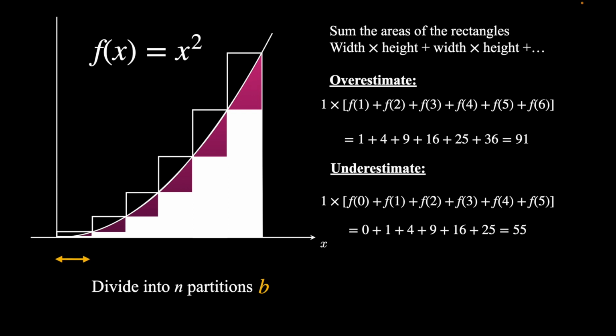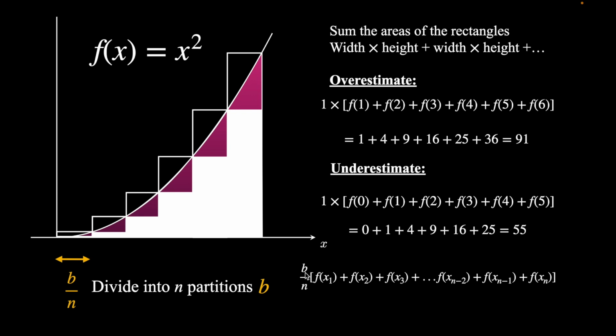If the total width of the area is B, and we divide it by n, then each width of each rectangle will be B divided by n. And if we talk about the overestimate, the heights of the rectangles will be f of x1 plus f of x2 plus f of x3, whatever those values are. So we can express this overestimate in a more general way.